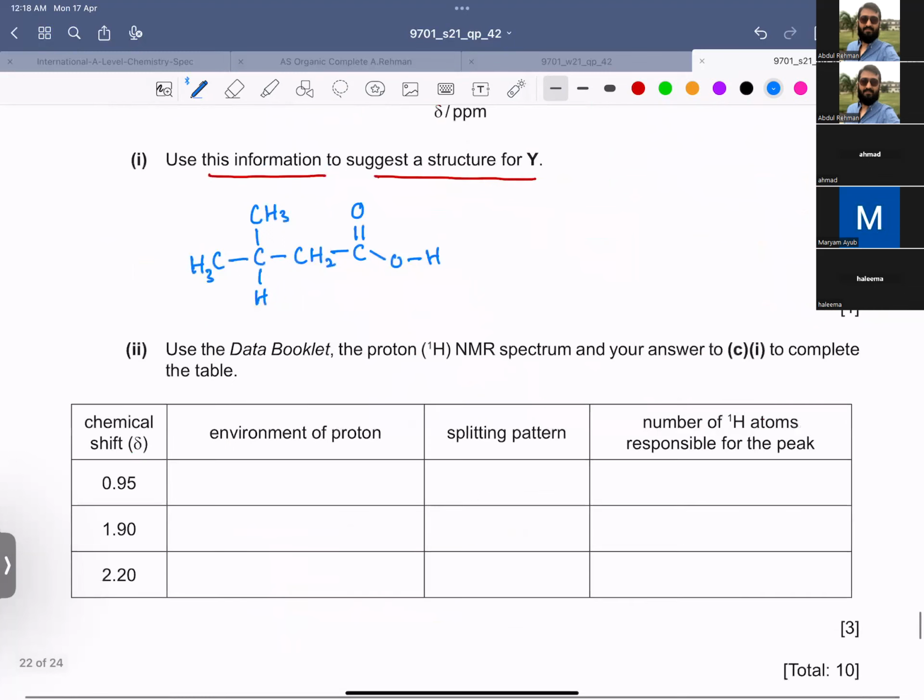Now, what they are saying: use the data booklet, the proton NMR spectrum, and your answer to C1 to complete the table.